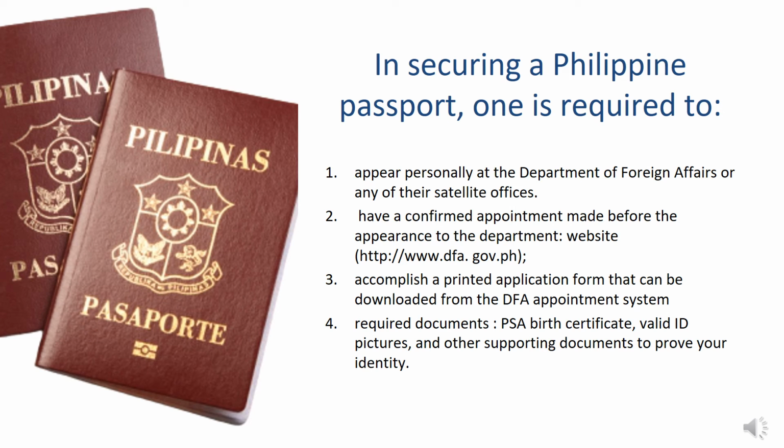You can set an appointment through their website, http://www.dfa.gov.ph. 3. Accomplish a printed application form that can be downloaded from the DFA appointment system. Necessary documents required include a birth certificate issued by the Philippine Statistics Office, valid ID pictures, and other supporting documents to prove your identity.